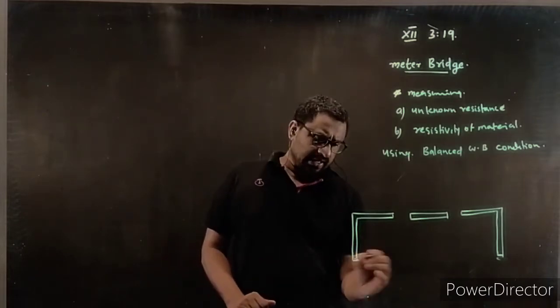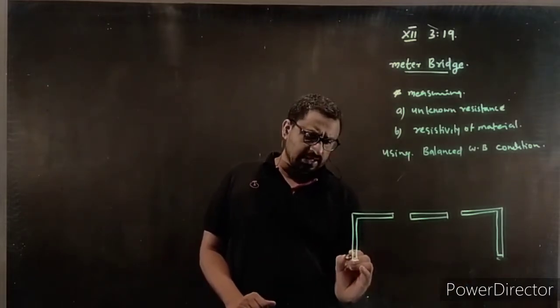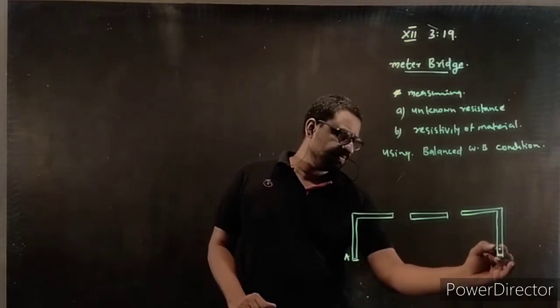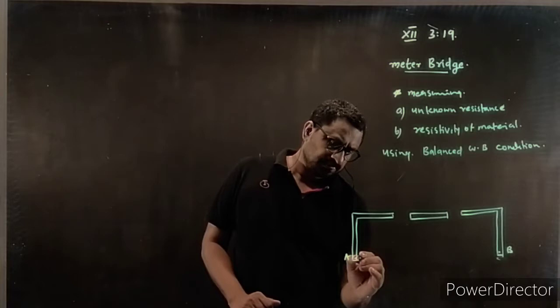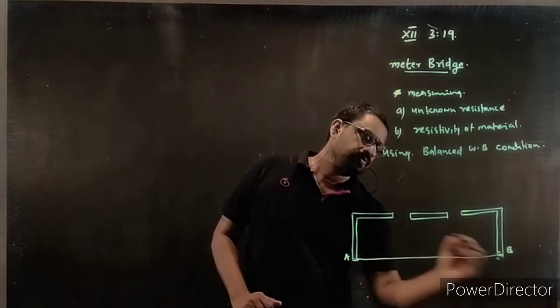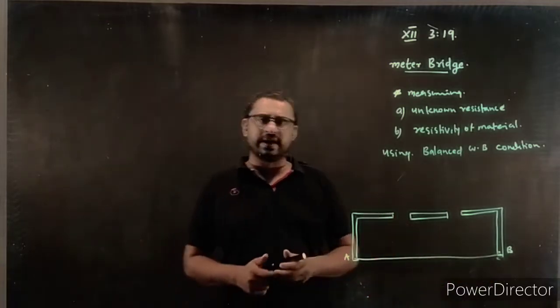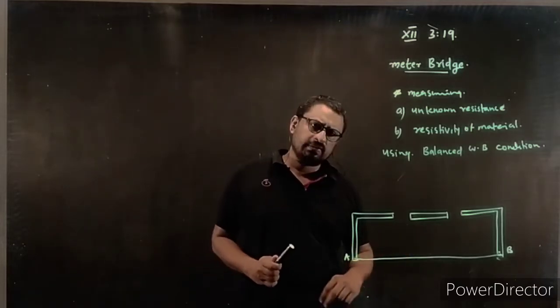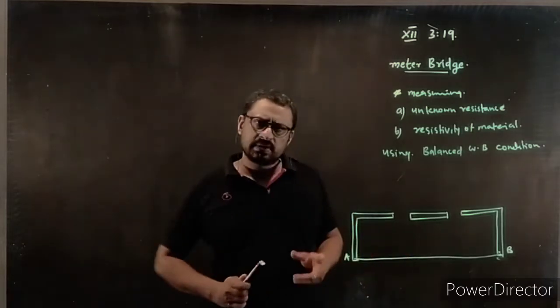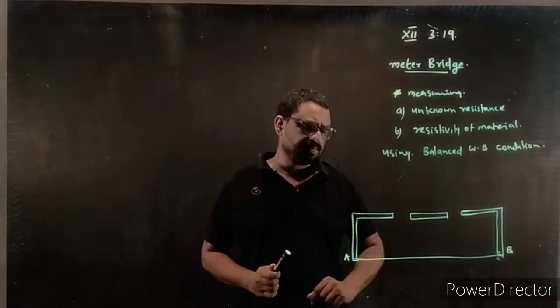And here, between the two points A and B, there is a uniform wire of the same thickness, a simple metallic wire whose thickness is the same everywhere.